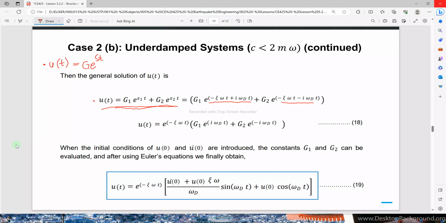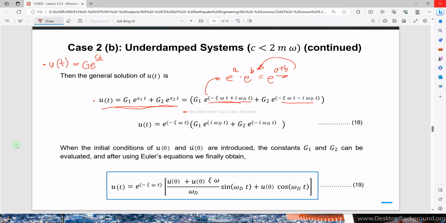So this is our first condition, and we apply the value of s, which is this one. Then by the laws of exponents, e^a times e^b is e^(a+b), we go backward from this point and do it like this.